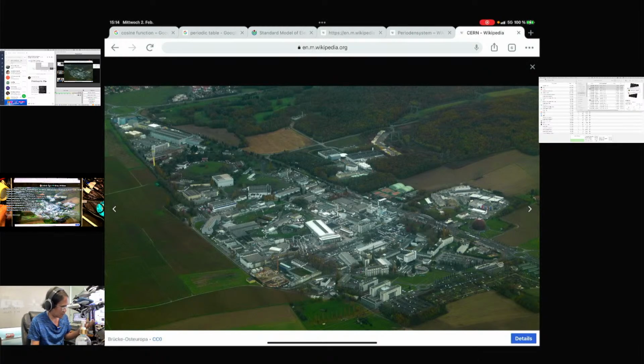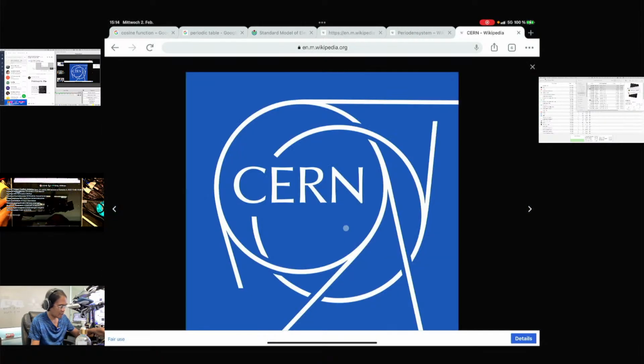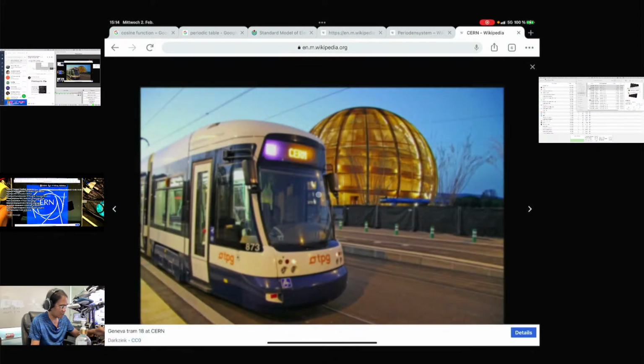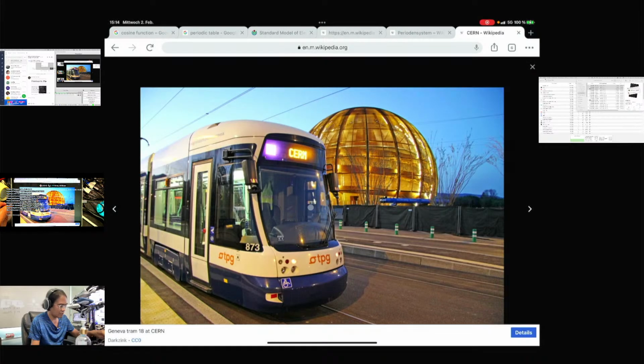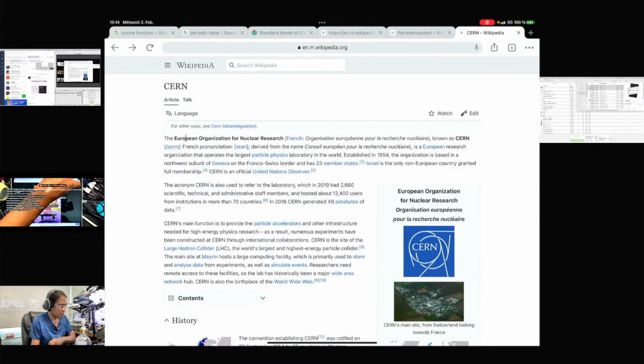For your future, if you fall in love with particle physics, you may be the person who discovers a bigger particle. You should go here to CERN, at the border between France and Switzerland. Sorry, the full name of CERN is, I don't know.